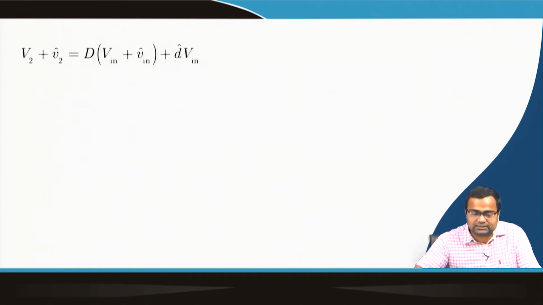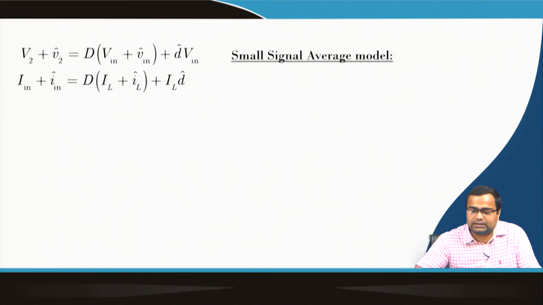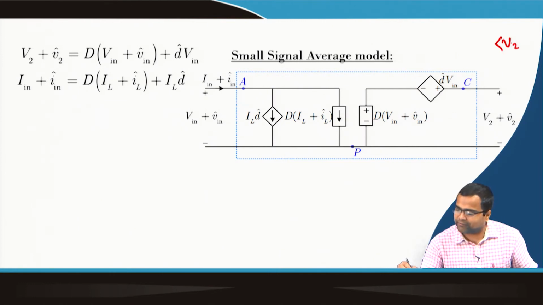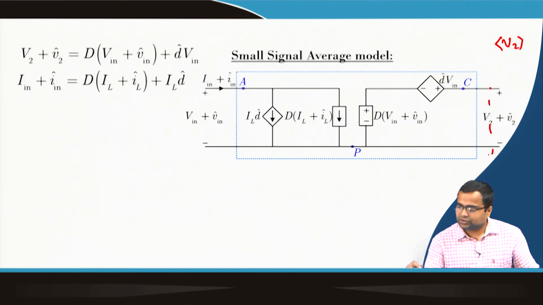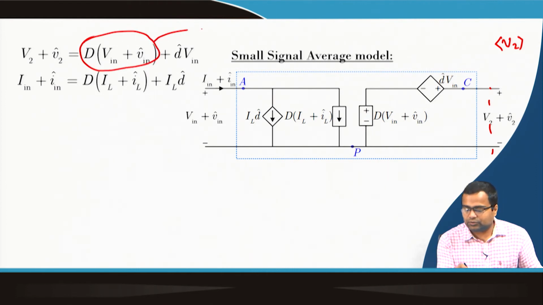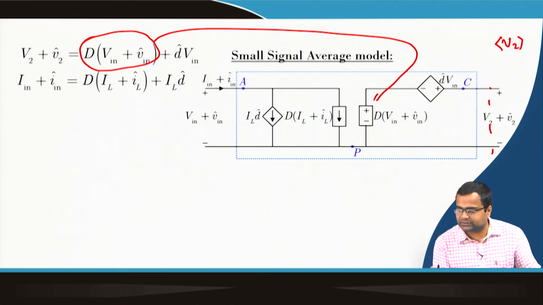Now, with this approximate model that we have obtained, we can draw the equivalent circuit. So, V2 was our original V2 average, which was the terminal 2, right. So, this voltage is nothing but D times this voltage, which is nothing but this voltage, and D times this voltage, and they are added up.